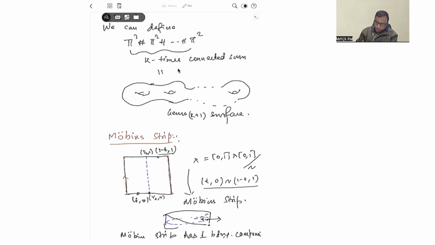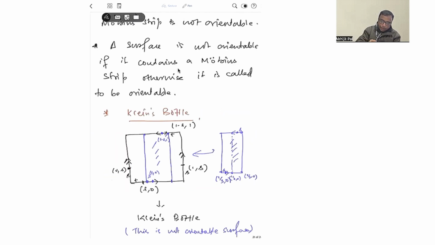The quotient space is the Mobius strip. One can prove that this Mobius strip has one boundary component. A cylinder has two boundary components, and the Mobius strip has one boundary component. And if you know the notion of orientability, this Mobius strip is a non-orientable surface.